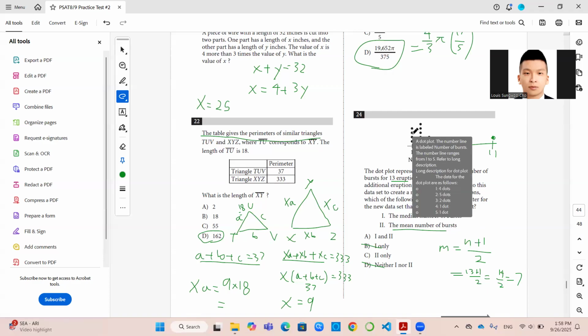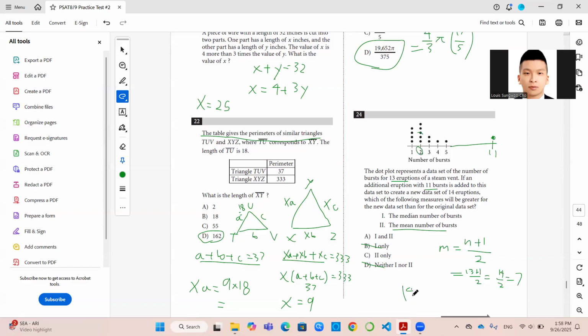So you go here 1, 2, 3, 4, 5, 6, 7. But since I added the new guy over here, it becomes 14 plus 1 over 2, which is 7.5. 7.5 falls between here, right? So it's the same. So the median is going to be the same, only the mean is going to be greater. So C is the correct answer.